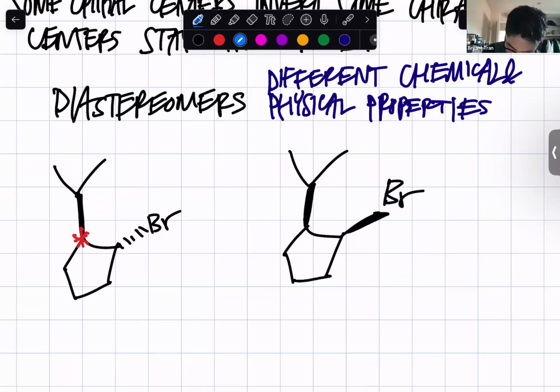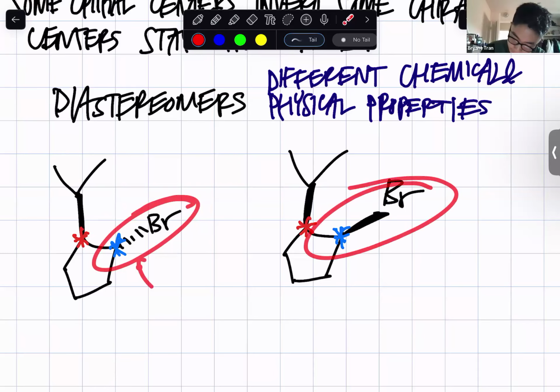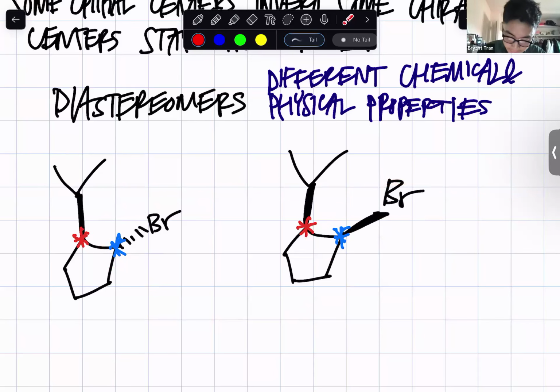There's this red chiral center and there's this blue chiral center. Same as for this molecule here, right? Without even assigning R and S, we know that this red chiral center will stay the same, right? It will not invert. But if we look at the blue chiral center here, we see that that would invert, right? So let's just practice here.